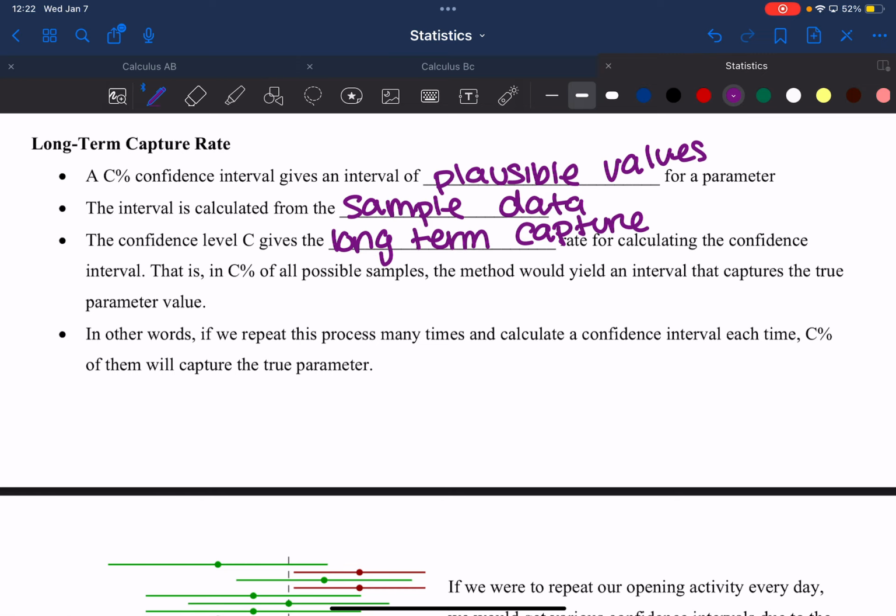So if we repeat this hundreds of thousands of times and calculate a confidence interval each time, our confidence level will capture the true parameter, and that is called long-term capture. Okay, so I would say if we repeat this process many times, calculate the confidence interval each time, it will capture the true parameter. That is called long-term capture rate. All of that is connected.